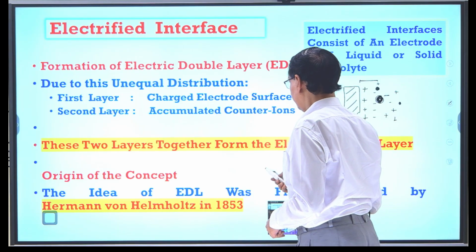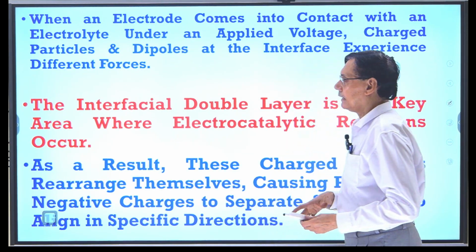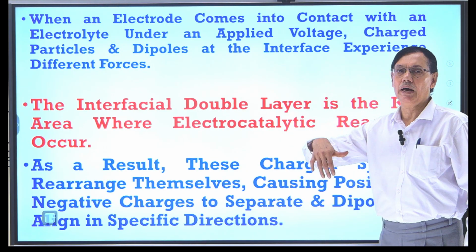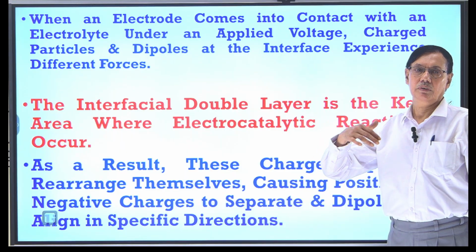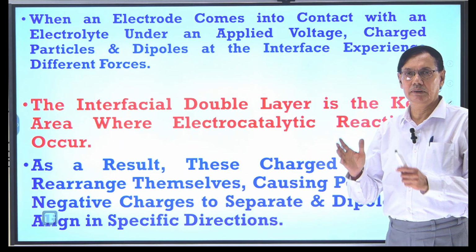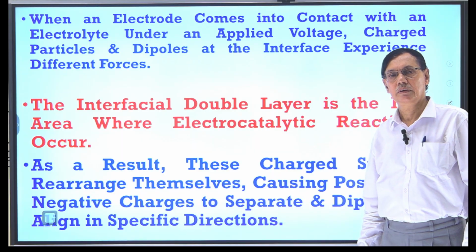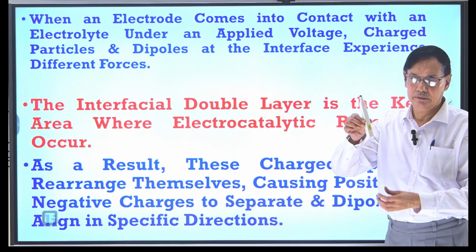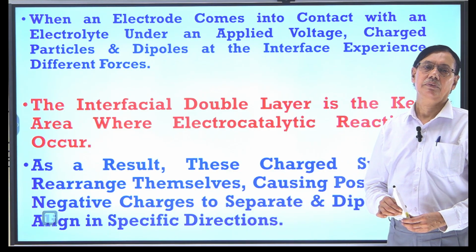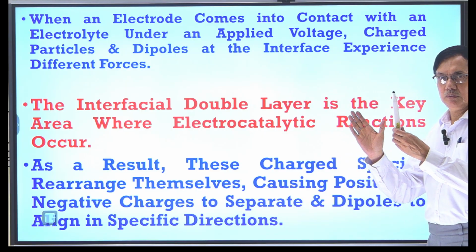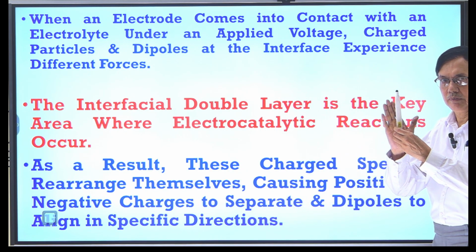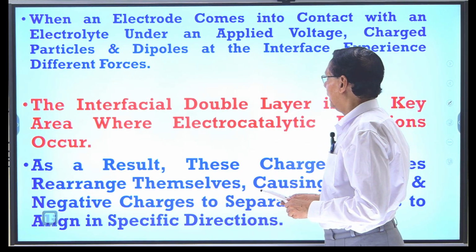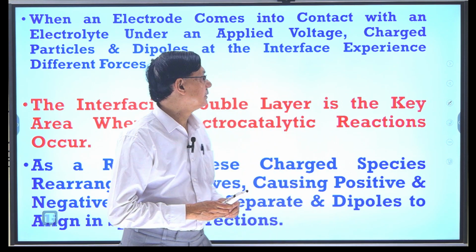But when an electrode comes into contact with an electrolyte, जब इसको थोड़ा ध्यान से सुनिए क्योंकि ये यहीं से थ्योरी स्टार्ट होता है. सपोज ये मेरे हाथ में इलेक्ट्रोड है and I just dipped it in electrolyte, and that electrode is gradually touched with that electrolyte under an applied voltage.